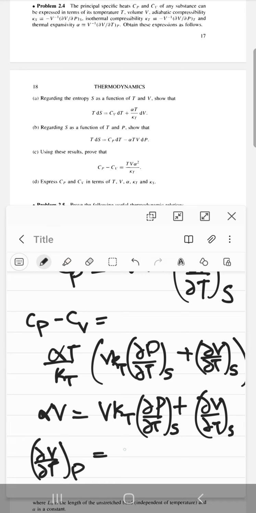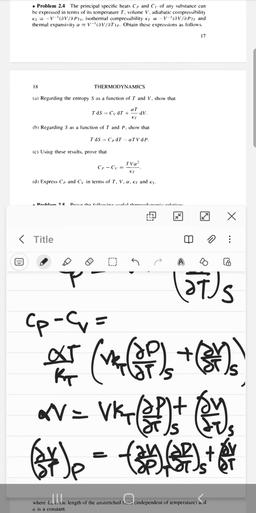V Kt is in fact just minus partial V by partial P at constant temperature, partial V by partial T at constant entropy, plus partial V by partial T at constant entropy. Amazing, that's the thing. Now how can we use this? Yeah, this is problematic.